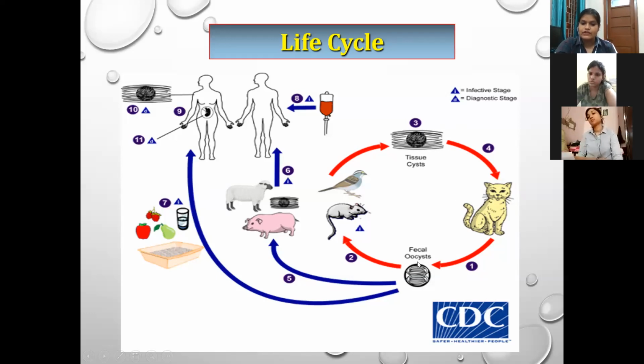But sometimes the sporulated oocyst is taken by the intermediate host, or sometimes through the food by the human being, and also a human being can be infected with the tissue cyst of a food animal. So this is another cycle of toxoplasmosis in the intermediate host, while the natural cycle is carried on between the cat and the small rodents. So this is the life cycle of Toxoplasma gondii.